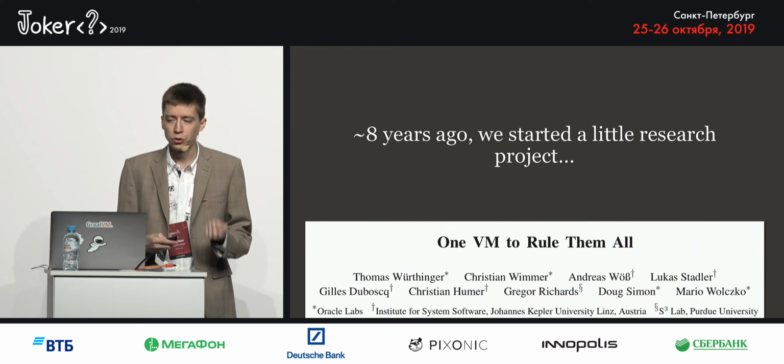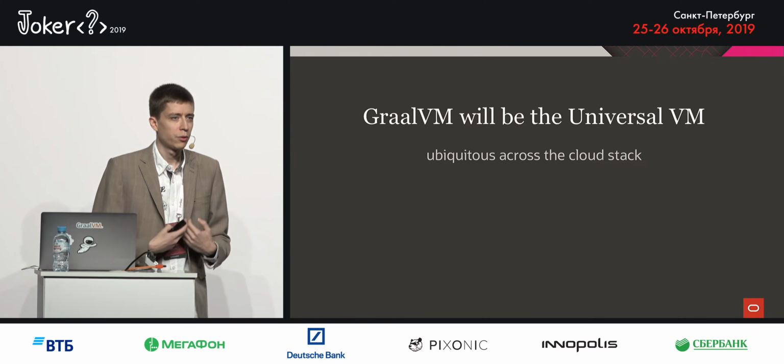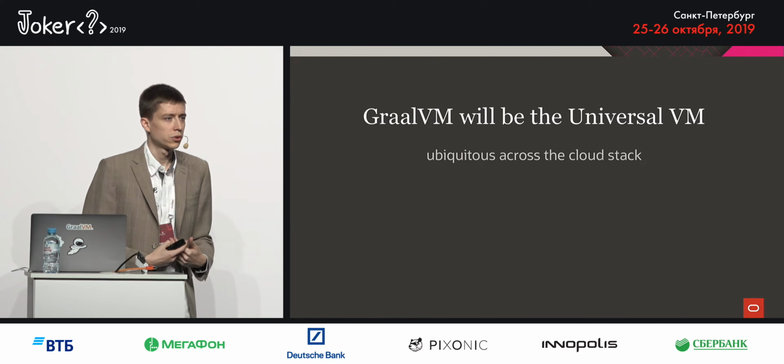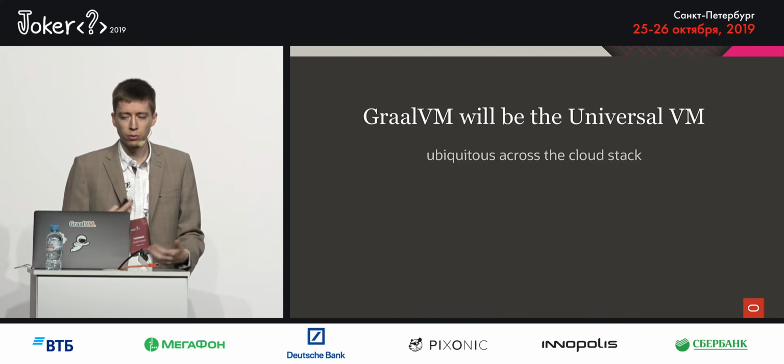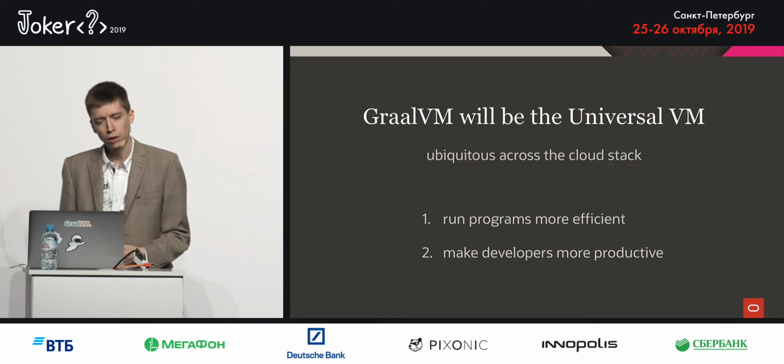GraalVM should be the universal virtual machine, and we think that it will, in the future, be everywhere in your cloud stack, running programs, not just JVM-based programs, but also Python, JavaScript programs, and others.